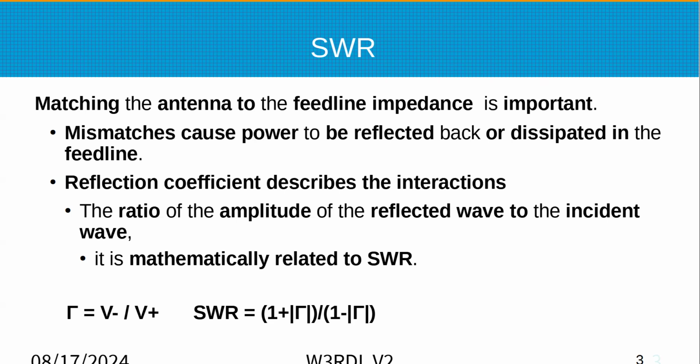It wasn't as big a problem with tube type transmitters. They would tolerate much higher SWRs, but the solid state ones don't like really high SWR coming back. And that's why most of them are designed so they start cutting power back when they detect a high enough SWR or reflected power coming back.